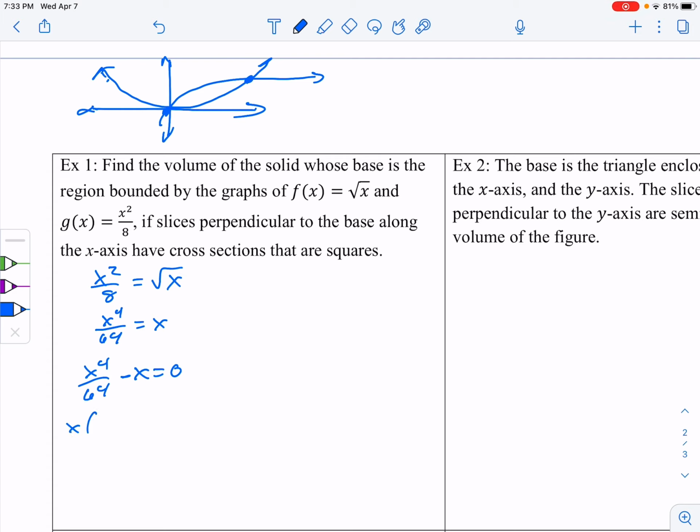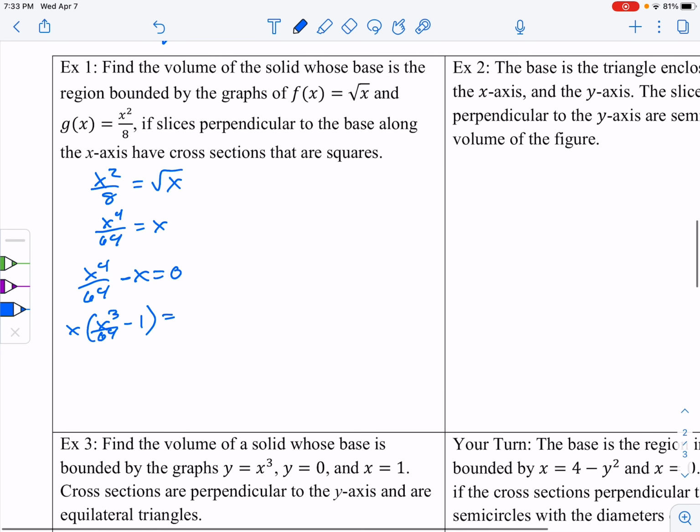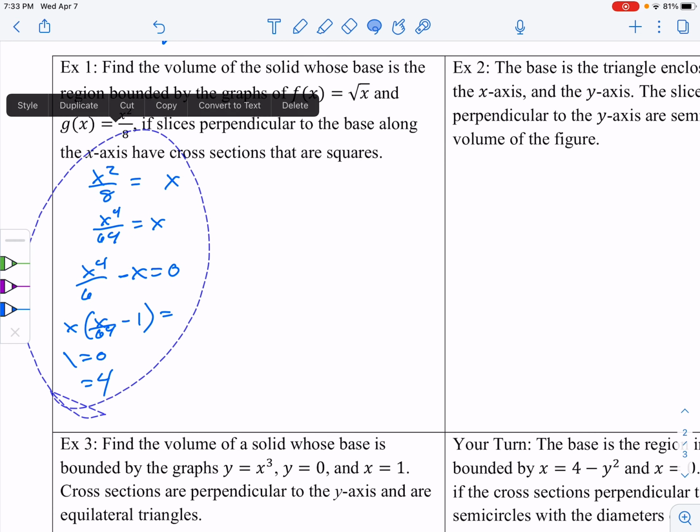You pull out an x, you get x cubed over 64 minus 1. And so you end up with x is equal to 0 and x is equal to 4. Okay, well, there's my algebra. You can always stop it if you didn't quite get it.